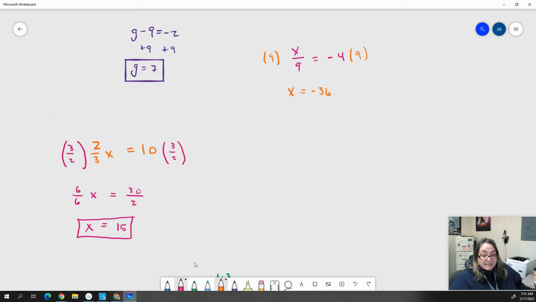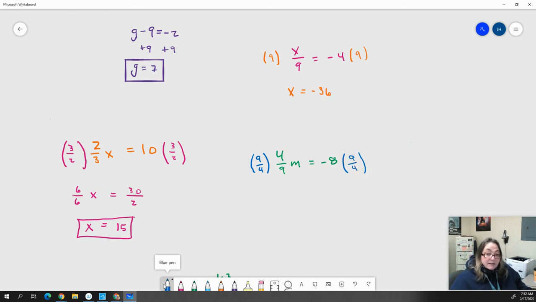If I had, say, 4/9 m equals -8, I would just multiply this by 9/4, right? And again, we can't just do one side of the equation. If I'm doing it on this side of the equal sign, I also have to do it on this side of the equal sign.